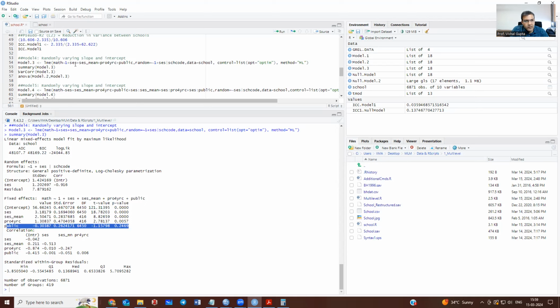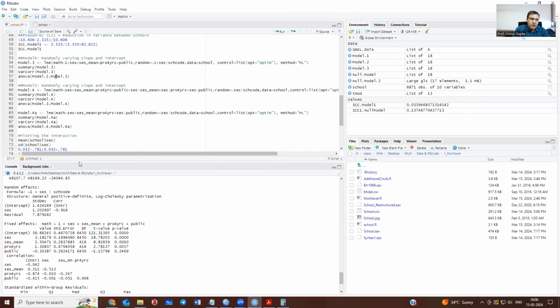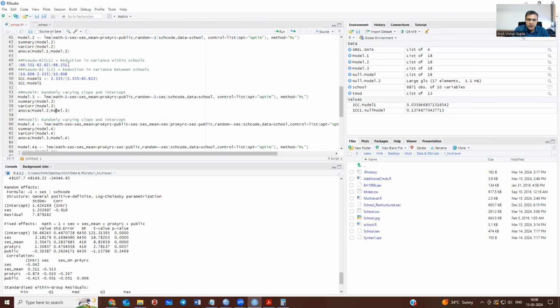Okay, now if I do variance covariance of model 3, you will see sigma square u0 is 2.02, sigma square u1 is 1.44, and residual sigma square r is about 62.08.